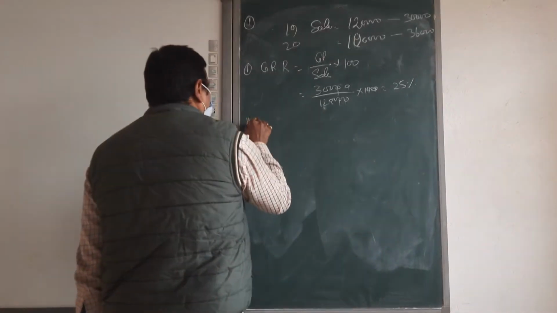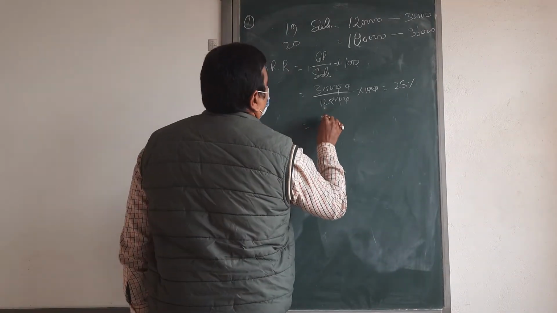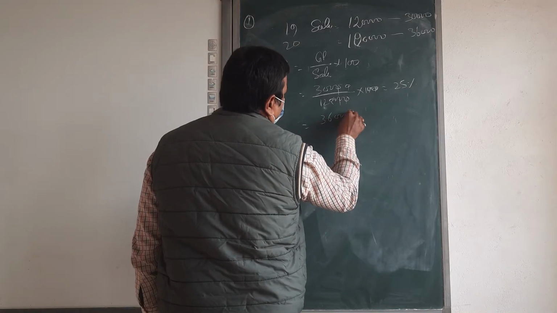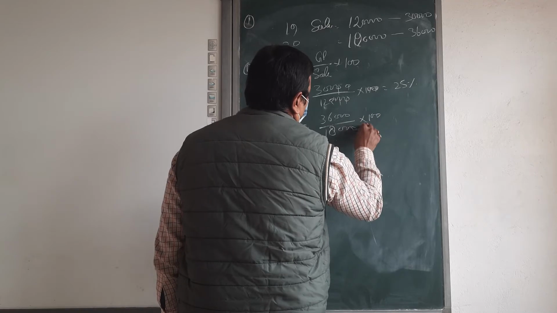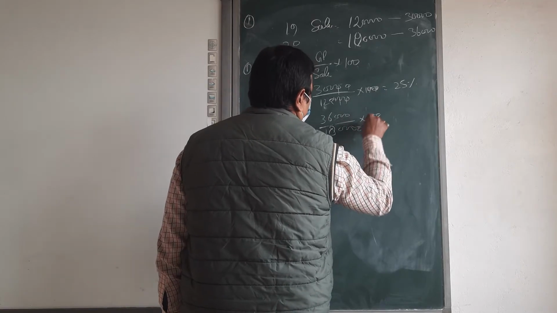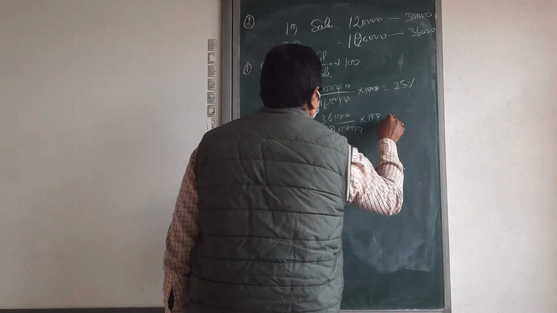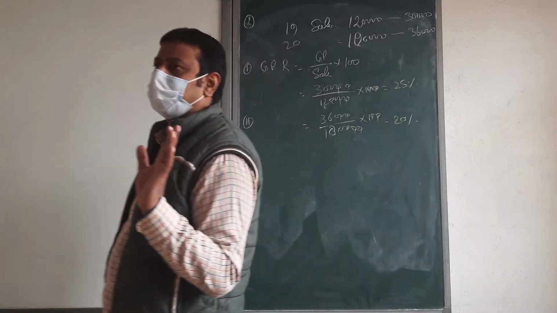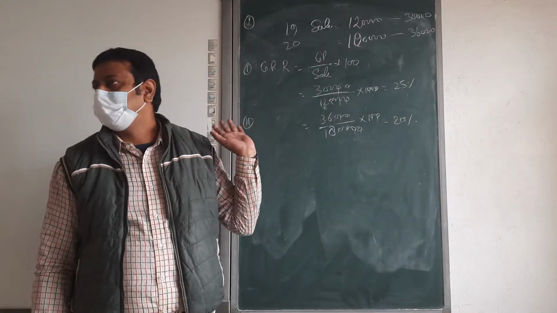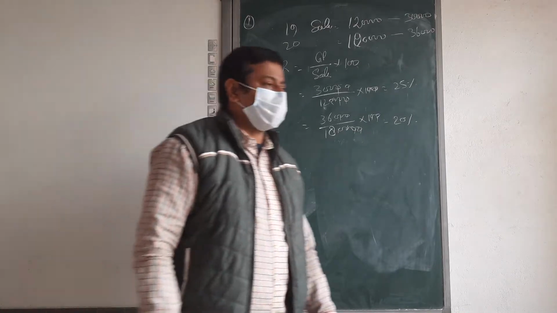And for the second, 36,000 upon 1,80,000 into 100, that is 20%. Okay? It's easy, beta? Easy to calculate or not? Okay, go for the next.